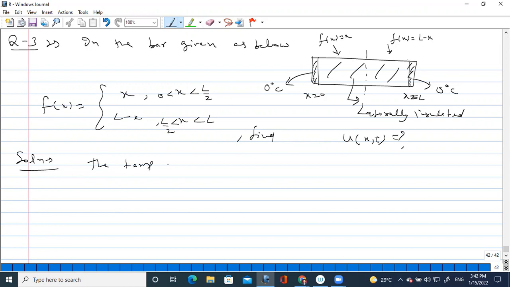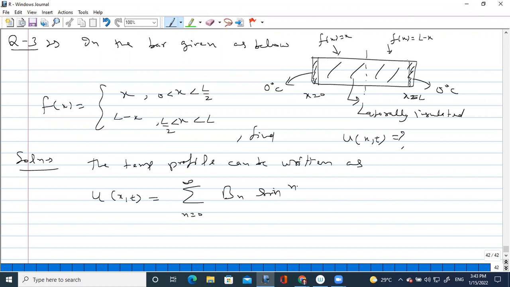The temperature profile can be written as u(x,t) equal to summation n equal to 1 to infinity b_n sin(n pi x by L) into e to the power minus n square pi square a t by L square. So this was the formula, equation number 1.